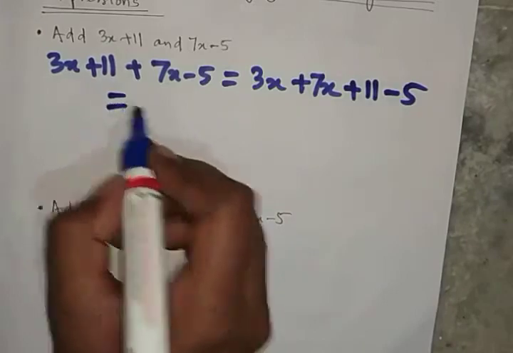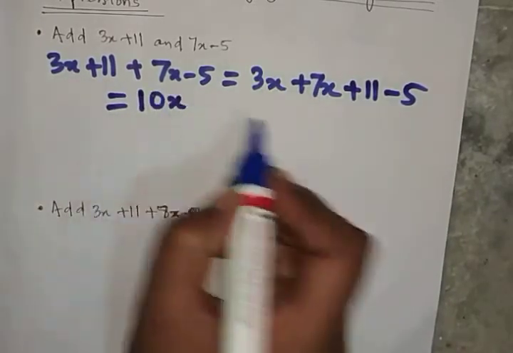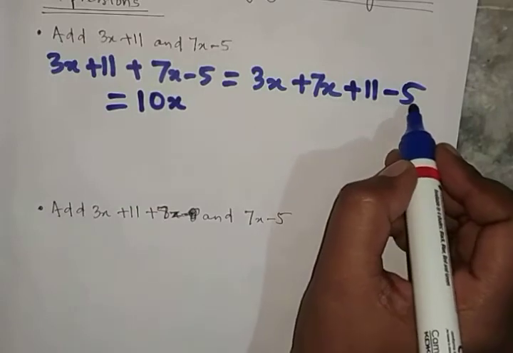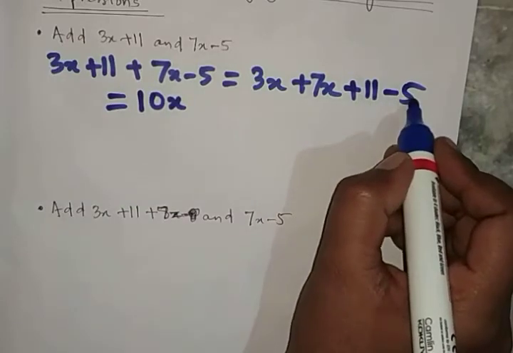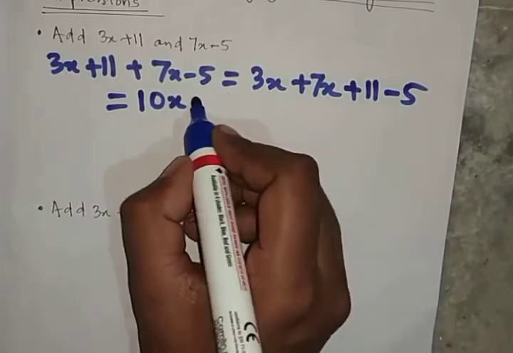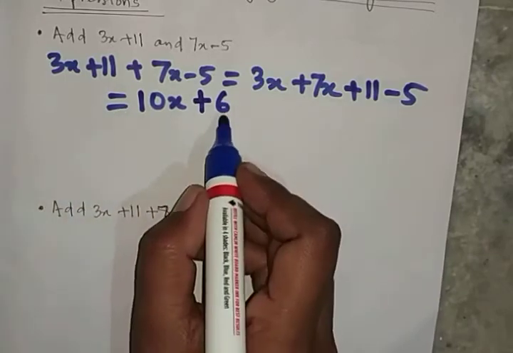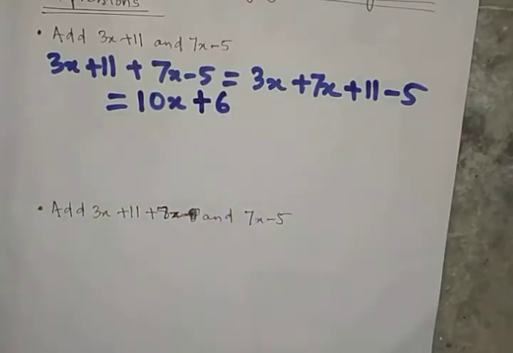Next add the like terms 3x plus 7x. How much? 10x. Then add the like terms 11 minus 5. How much is that? 6. So plus 6. So what did you get? 10x plus 6.